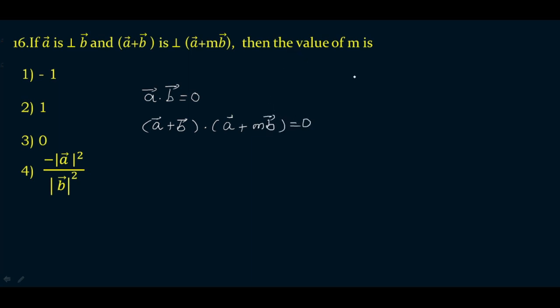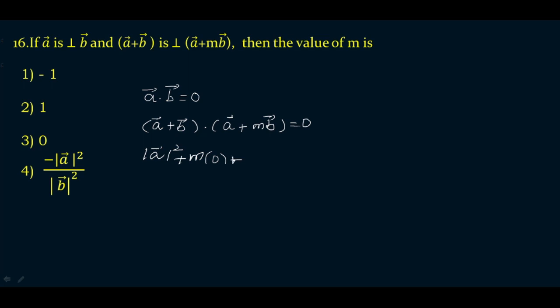Then the value of m is, here the distributive property of the dot product exists. It means vector A dot vector A plus m into B; vector A dot vector A, we know, is magnitude of vector A whole square, plus m into vector A dot B, given that A is perpendicular to B, its value is 0.